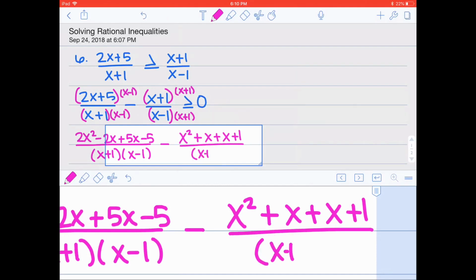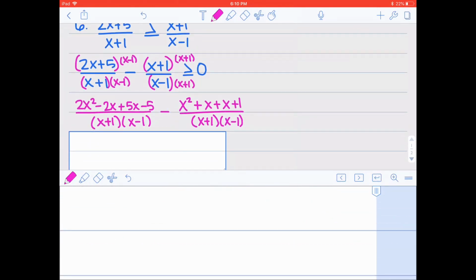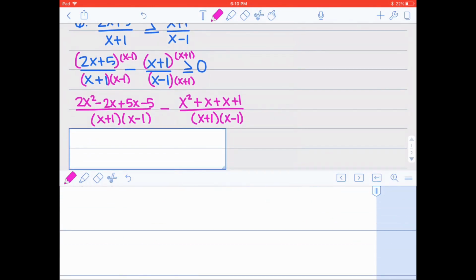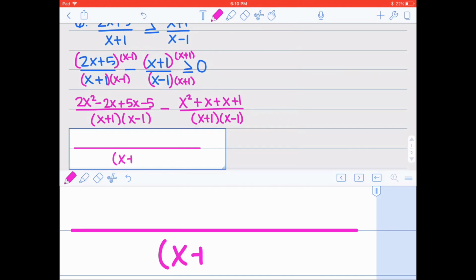I know that I did that math kind of quickly. You should make sure that you can see where I got that from. You should FOIL it yourself rather than just copy it down, to make sure that you understand it as well. All right, so at this point, I'm just going to write this as one big fraction. I have that common denominator underneath.